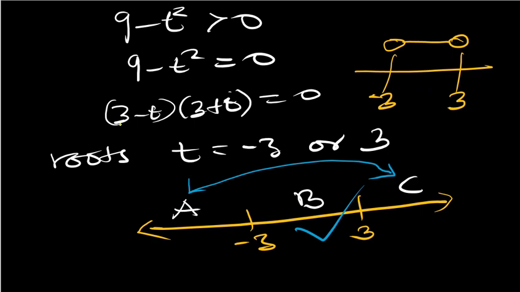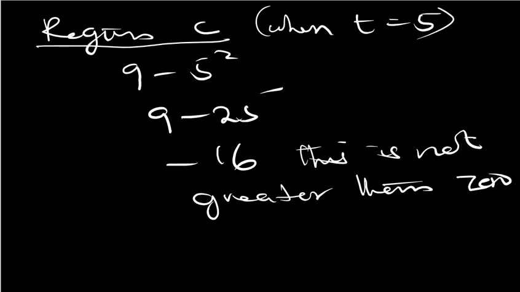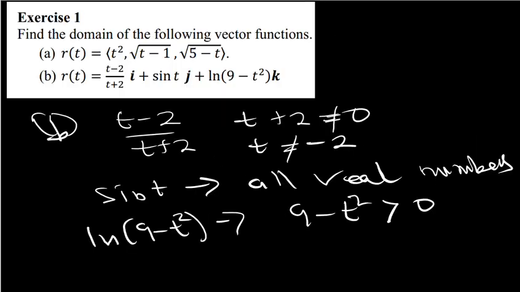So now we are going to combine these 3 domains. Remember, what we have just done is the domain for the length function. So we are going to combine these 3 domains for us to find out the common values of t for which our R of t is defined.